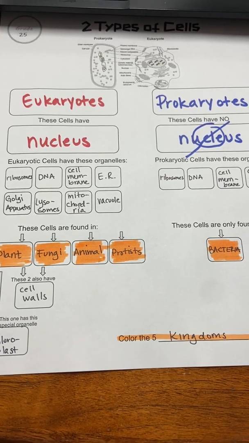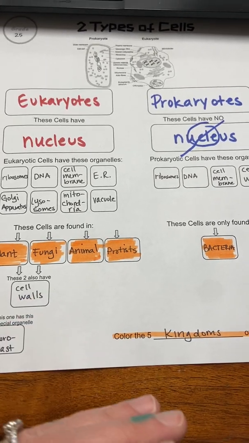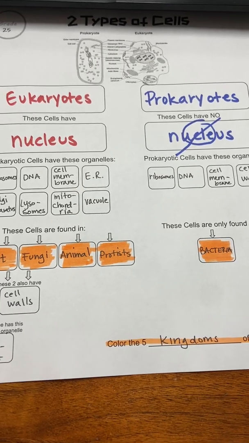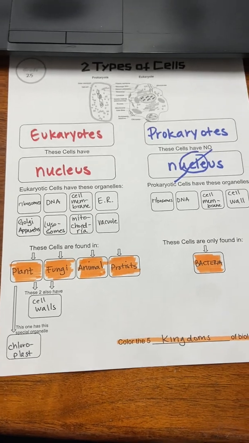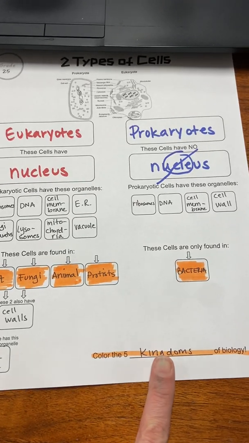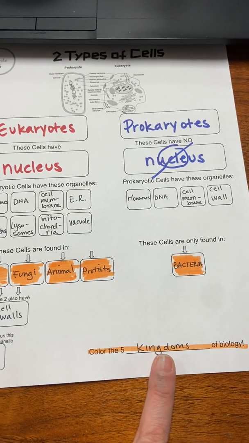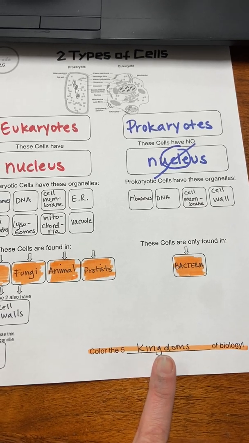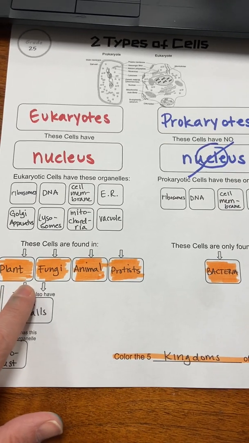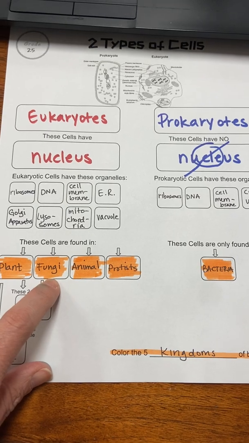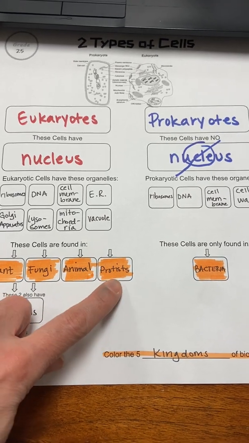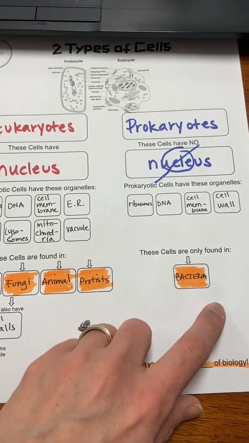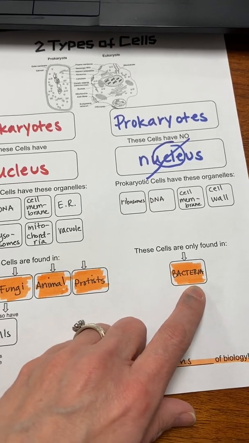But above that, we have kingdom, phylum, class, order, family, genus, species. So we have all kinds of different ways to classify living things. But the biggest one is kingdoms. There's 5 kingdoms in biology. They are plant kingdom, fungi kingdom, animal kingdom, protist kingdom, and bacteria kingdom.